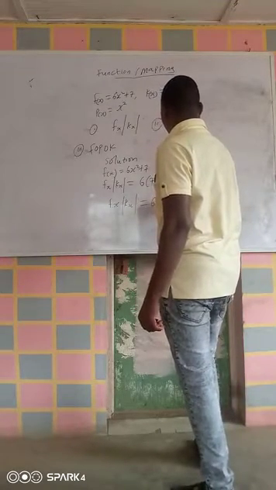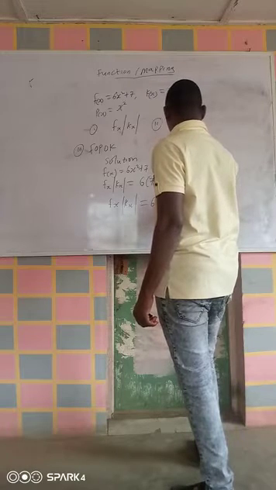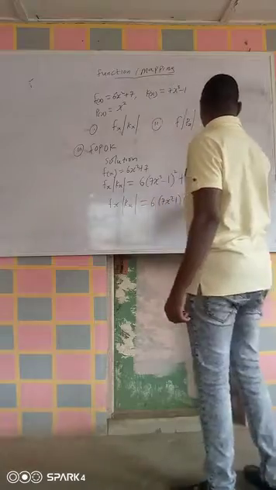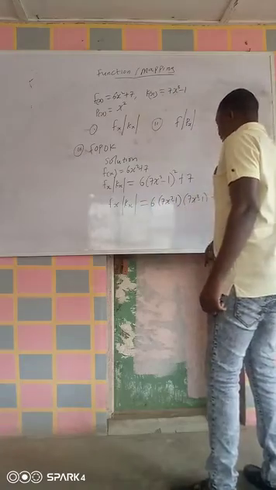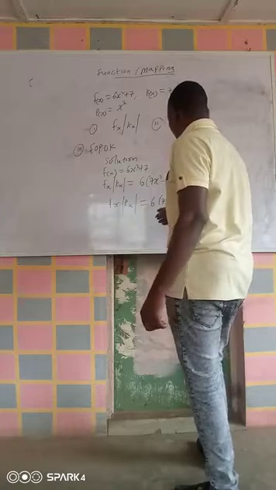6 into 7s cubed minus 1, 7s cubed minus 1, so we have 7. So let's open the bracket before you use 6. Don't use 6 first.